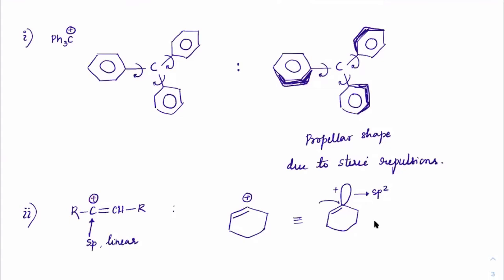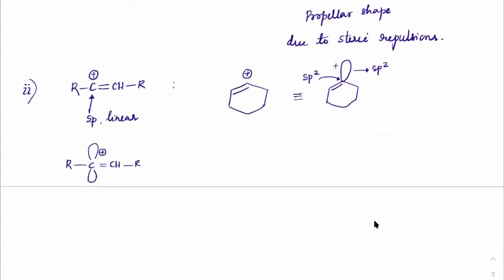So the hybridization of this carbon is still sp2, but because of its ring formation, this orbital has to be sp2 hybridized. This is positive. Here, this is a p orbital. Did you understand this point? How is this sp?